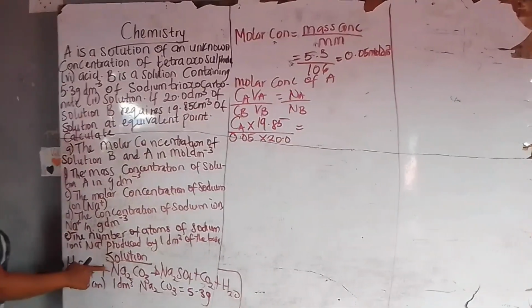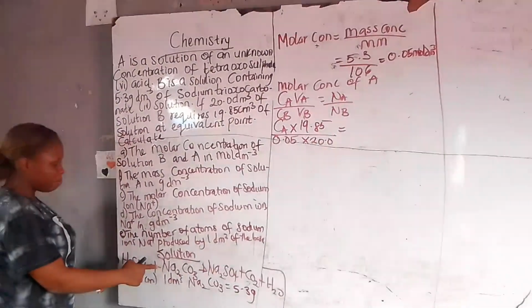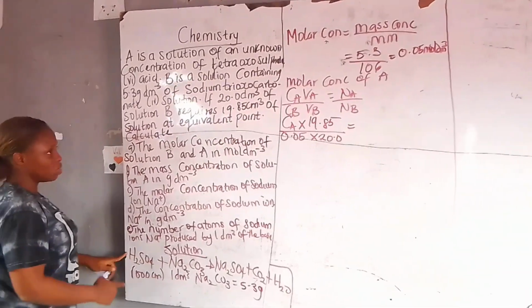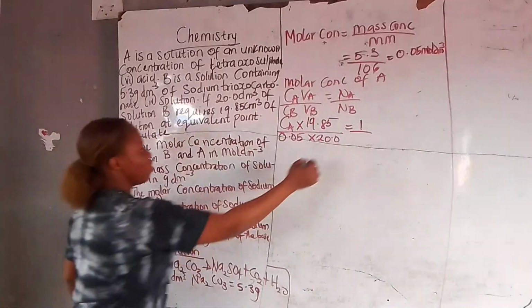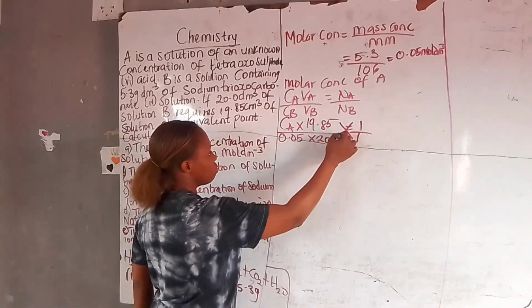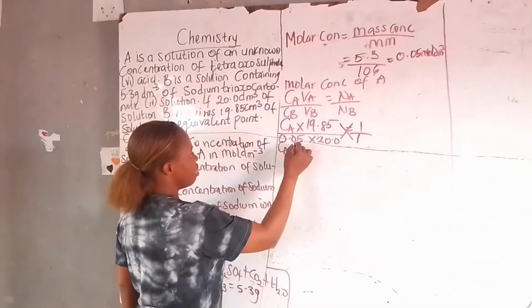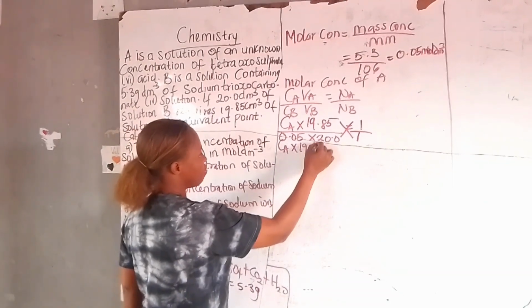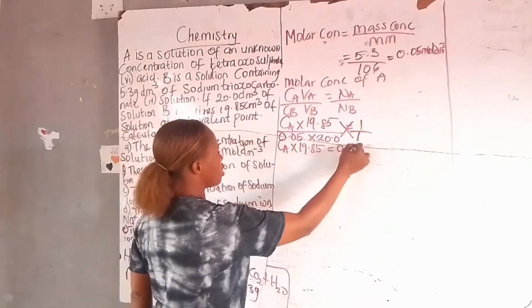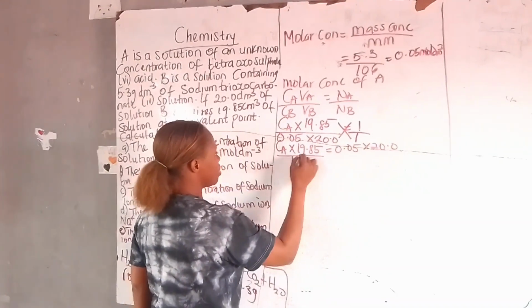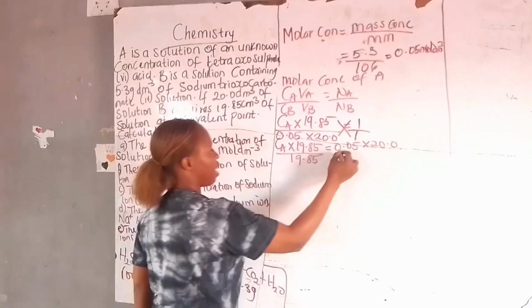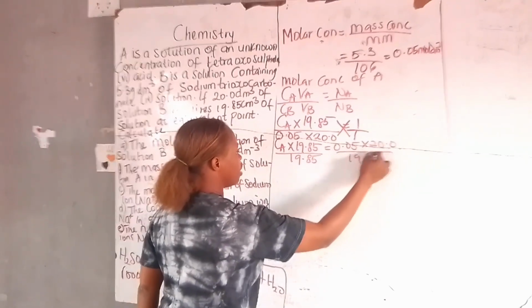We'll come back to the balanced equation. From the balanced equation, the number of moles of acid is 1 mole and the number of moles of base is 1 mole. So we cross multiply. You have Ca times 19.85 equals 0.05 times 20.0. So we divide both sides by 19.85.